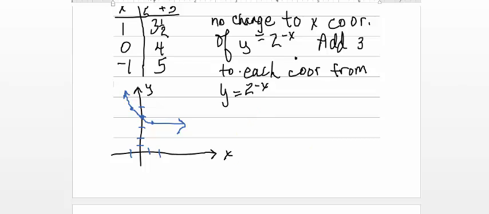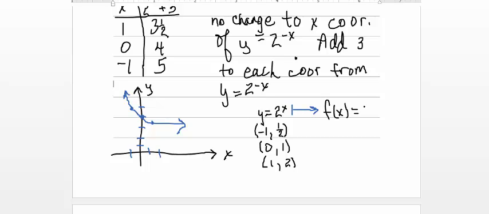So notice that when I start with y equals 2 to the x, I had the 3 points, negative 1, 1/2, 0, 1, and 1, 2. These are each transformed. So remember, I'm transforming this to f of x equals 2 to the negative x plus 3.